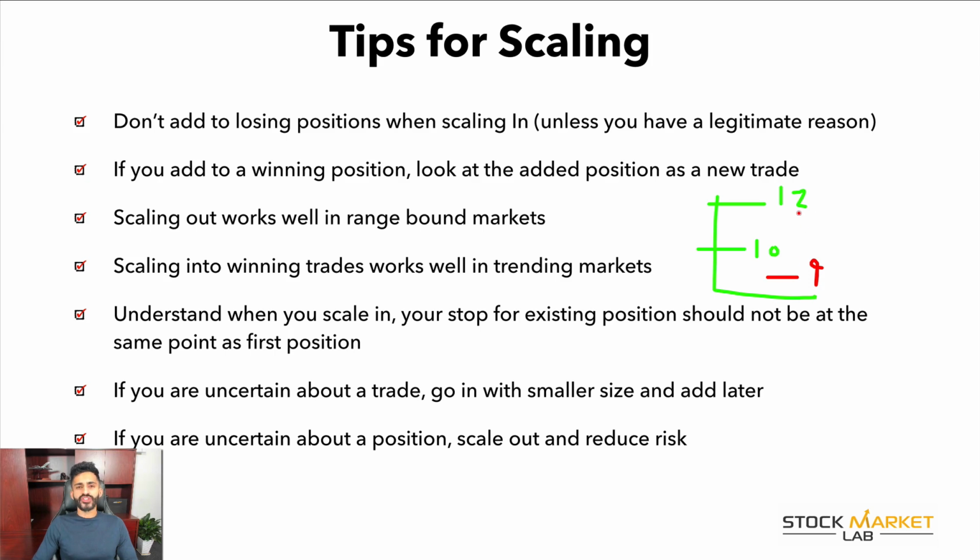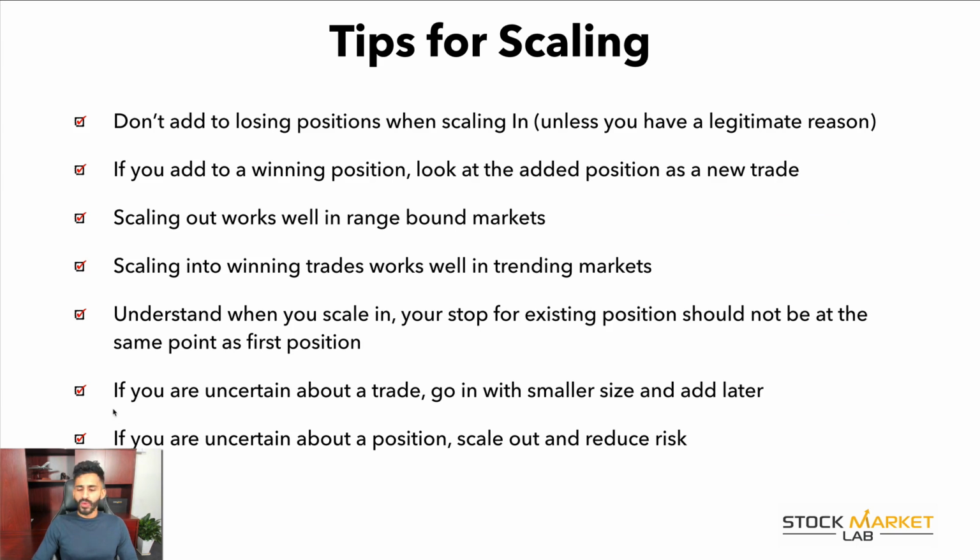You should look at this as a new trade and find a stop loss level that makes sense with the reward to risk ratio. And obviously, if you're up 20% on a trade, your stop loss at this point should easily be moved up. If the stock is at 12 and your stop is still at 9, that's a problem. That's an extreme problem right there.